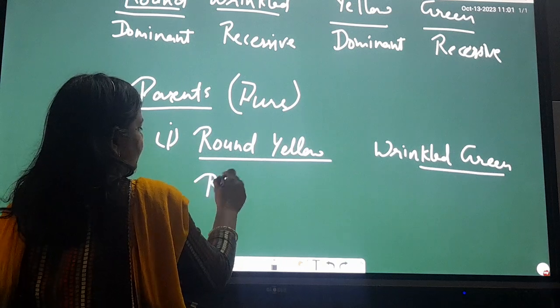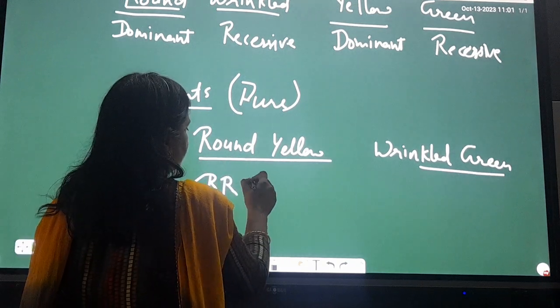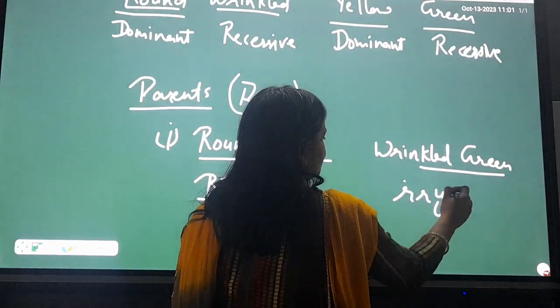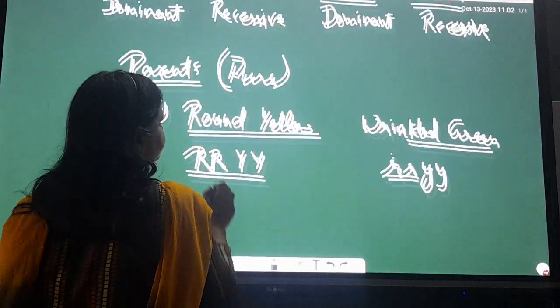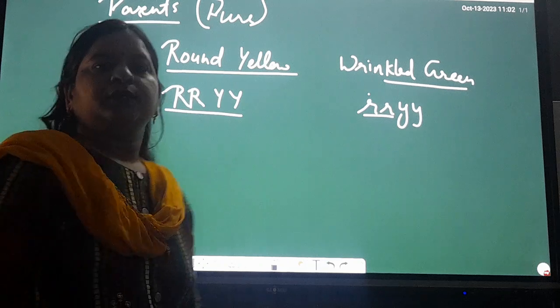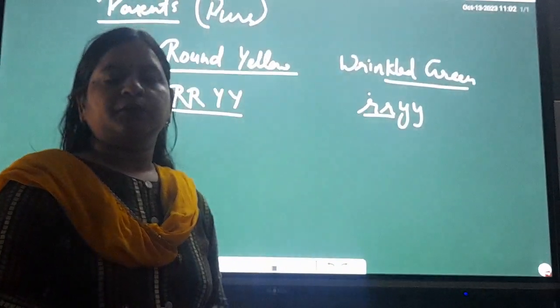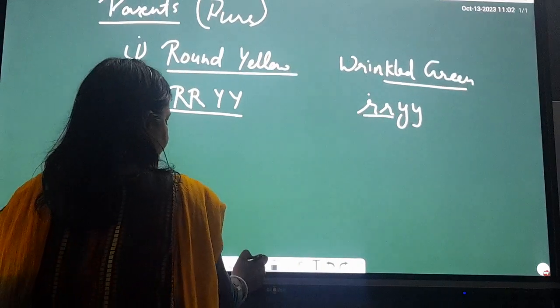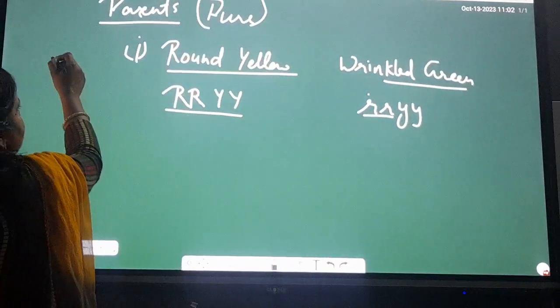For that we use capital R, capital Y, and for wrinkled, small r. These were the parents of Mendel's dihybrid cross.